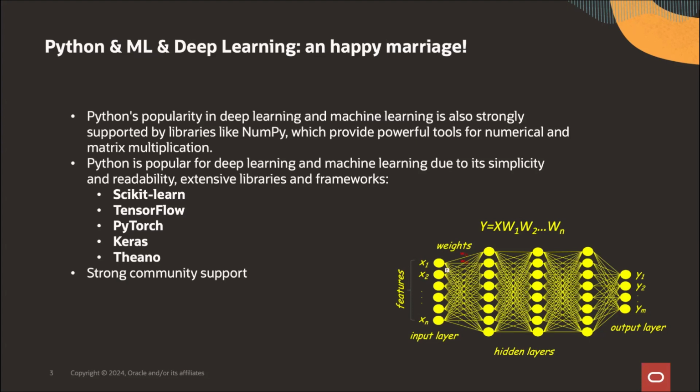One of the most relevant capabilities provided by Python is through libraries like NumPy that are able to do multiplication of huge matrices that you need when you want to implement deep learning neural networks.